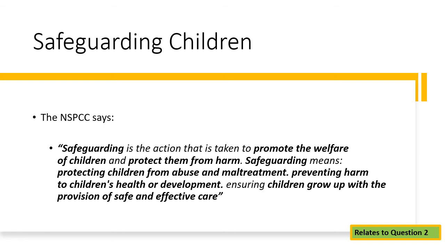The NSPCC says that safeguarding is the action that is taken to promote the welfare of children and protect them from harm. Safeguarding means protecting children from abuse and maltreatment, preventing harm to children's health or development, and ensuring children grow up with the provision of safe and effective care.